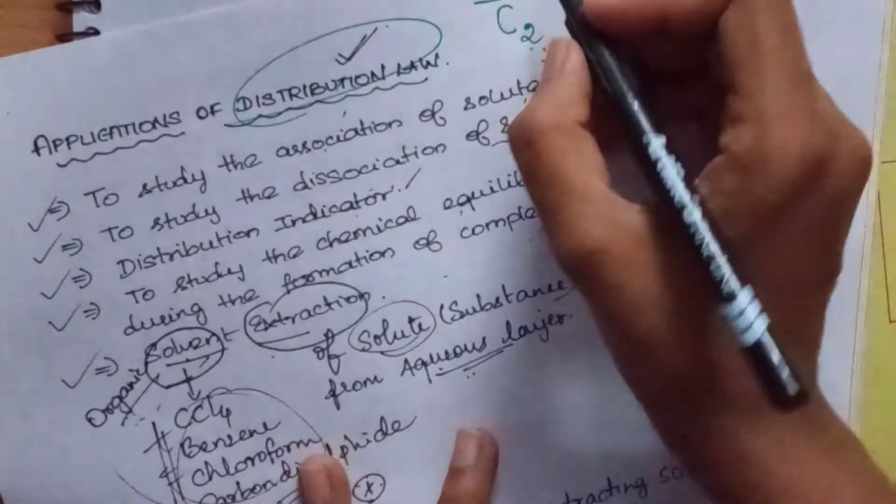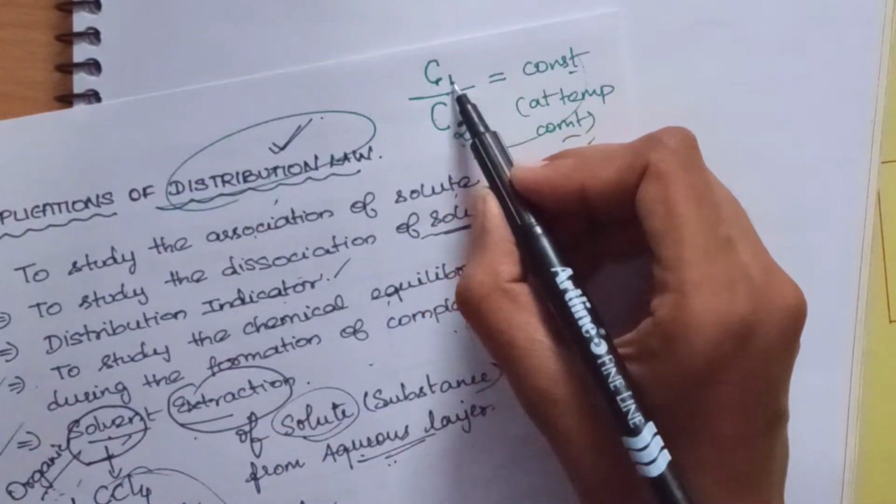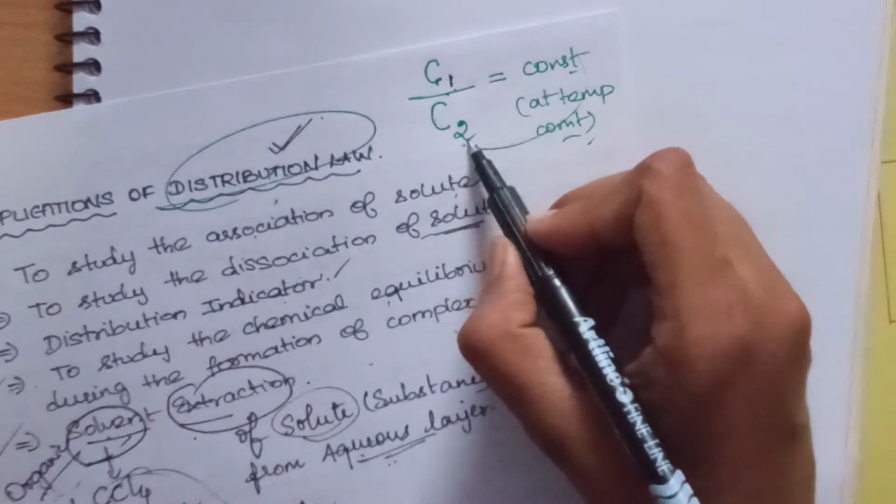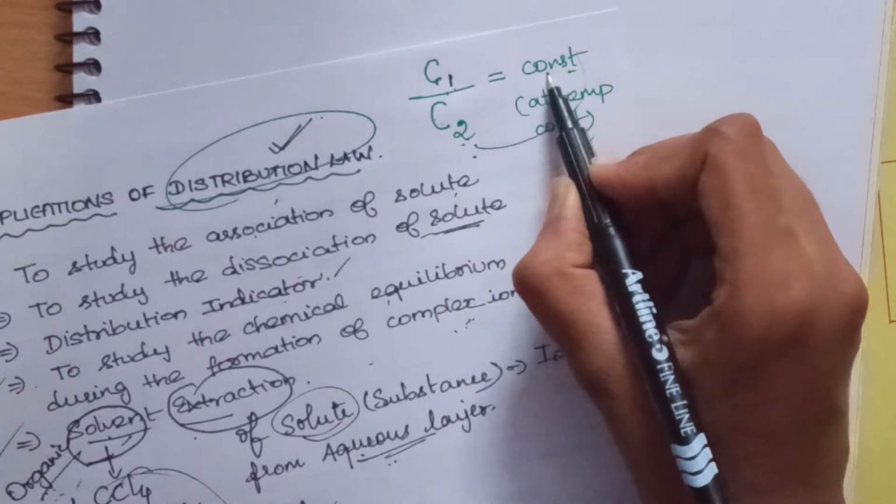Distribution law is the ratio of concentration of solute X in solvent 1 to the concentration of solute X in solvent 2 remains constant at constant temperature.